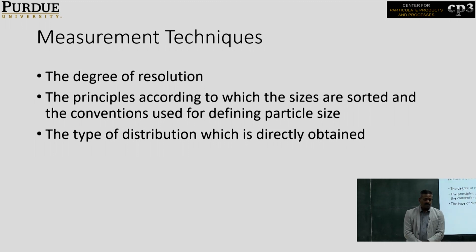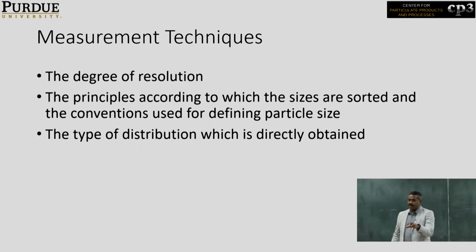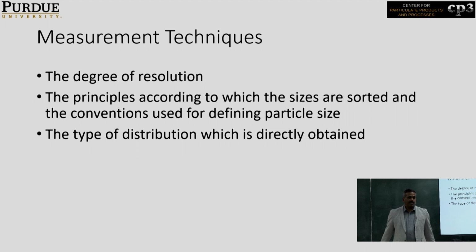Number based distributions are used if you are using any microscopy technique, because the size or the characteristics will depend on the number of particles that you are using to measure, right? Any of you use microscopy technique for measuring size? No one? So there is Malvern G3ID that uses optical principle, or you can use any optical microscope too. So you put some particles on the slide and then you measure the size.